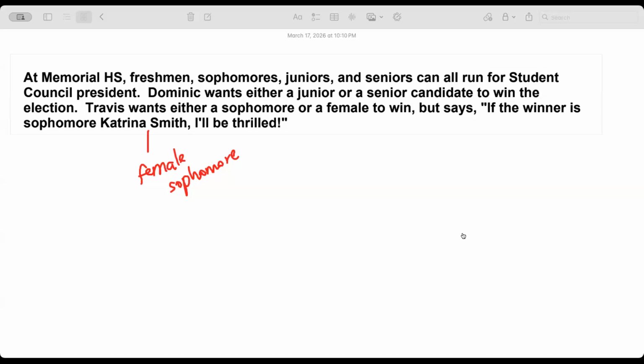Mutually exclusive means two events that cannot happen at the same time. Okay, in this scenario, let's say Monroe is a male, and let's say he's a senior.